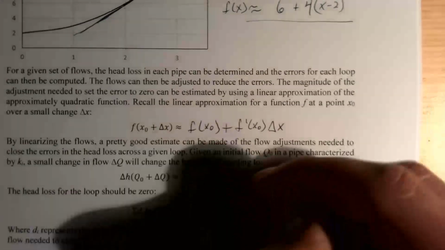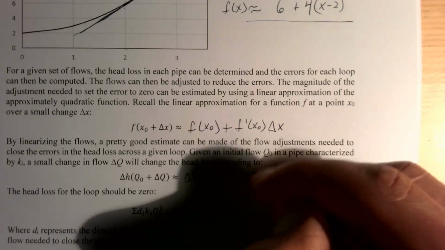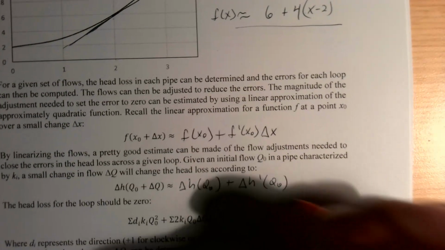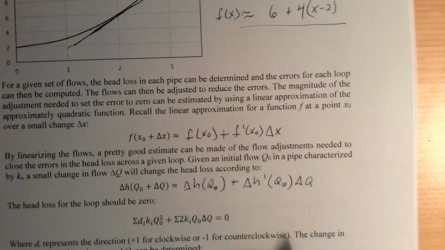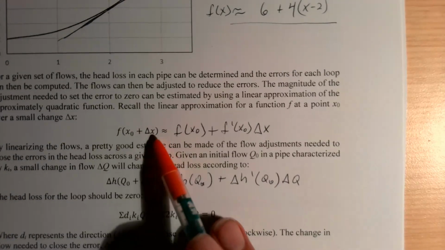And then here we have plus, instead of f prime of x, we're going to get delta H prime. And instead of x0, we get Q0. And then instead of delta x, we get delta Q. Okay? So all I did here was switch f for delta H, x0 for Q0, and delta x for delta Q.